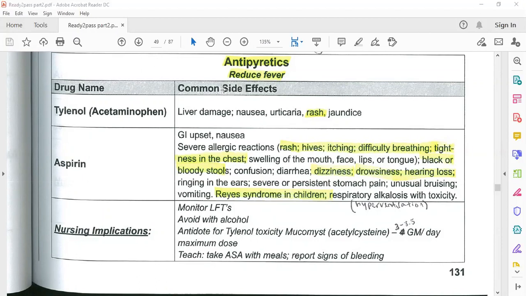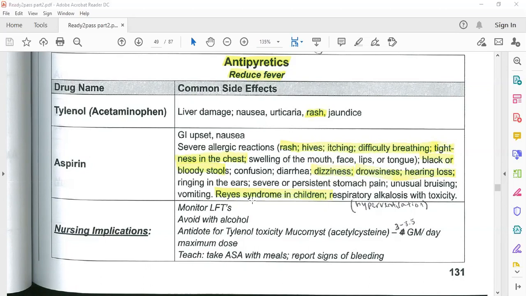And do not give aspirin to children, or to children with flu-like symptoms, because if you give aspirin to children, there is a chance of developing Reye syndrome.